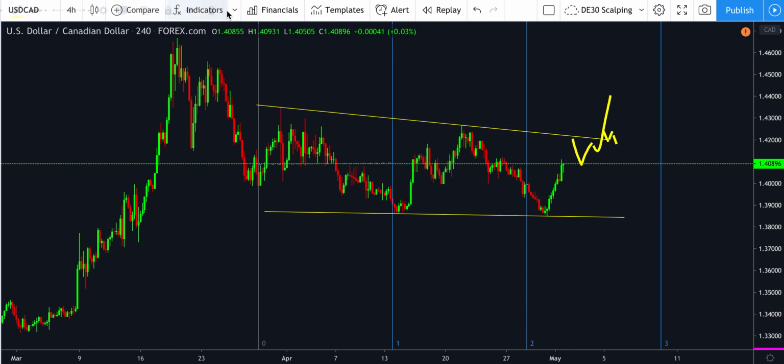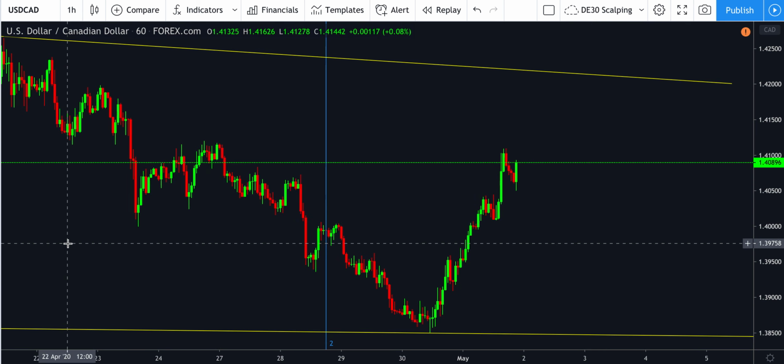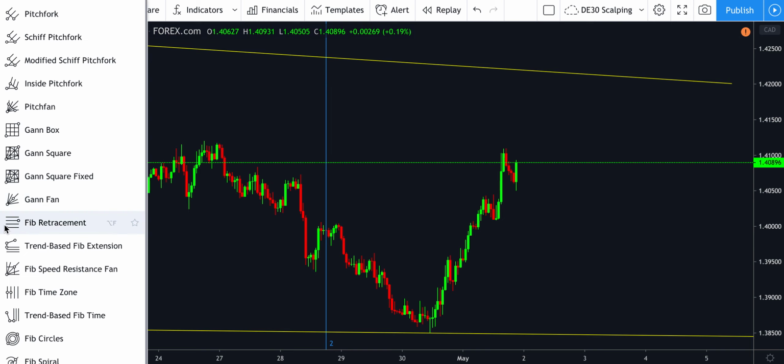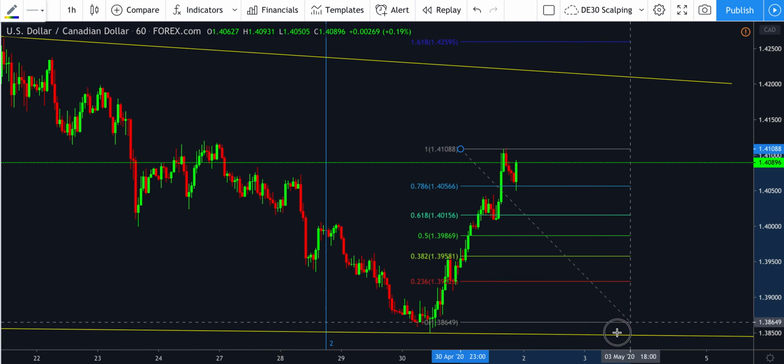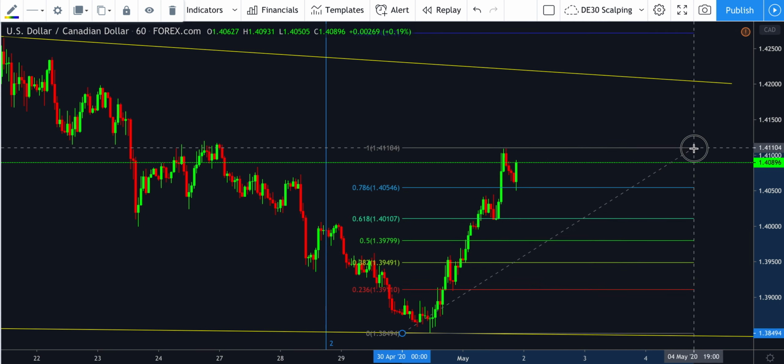But what I can do is show you how to trade this structure. So how can you trade this structure? We didn't have any correction, so you have to be very wary of where to place your entry point. I will show you a technique that I teach in my course.